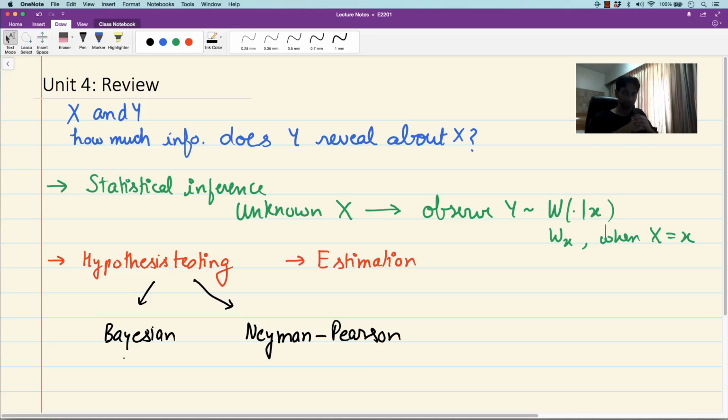Since we have a prior on the values of X, a popular criterion in the Bayesian formulation is the average probability of error, where the average is based on this prior distribution on X. What we saw was that for a uniform prior, when you have no reason to prefer one hypothesis over the other a priori, the minimum probability of error given by the optimal rule is half times one minus the total variation distance.